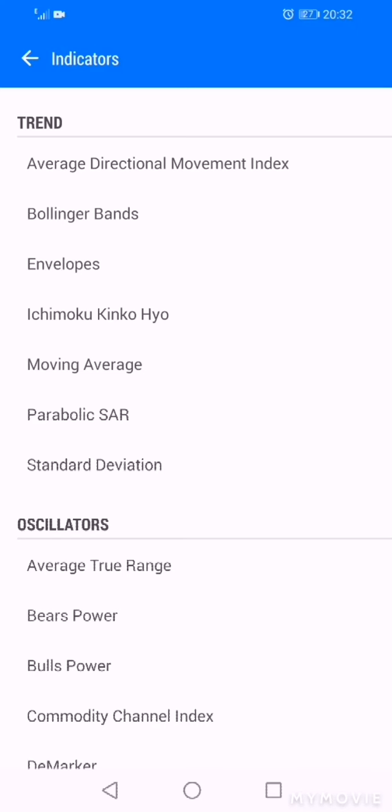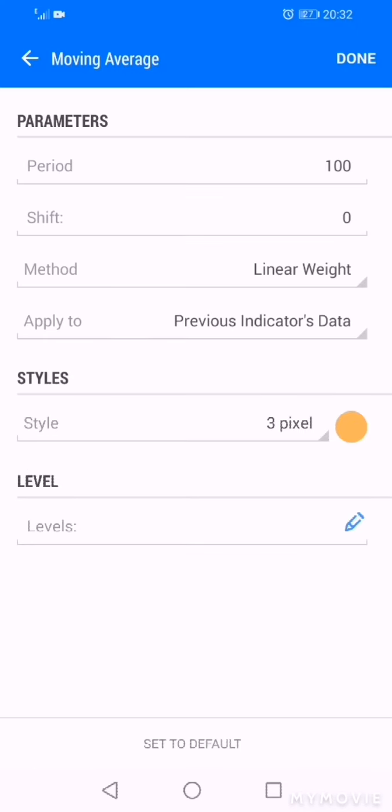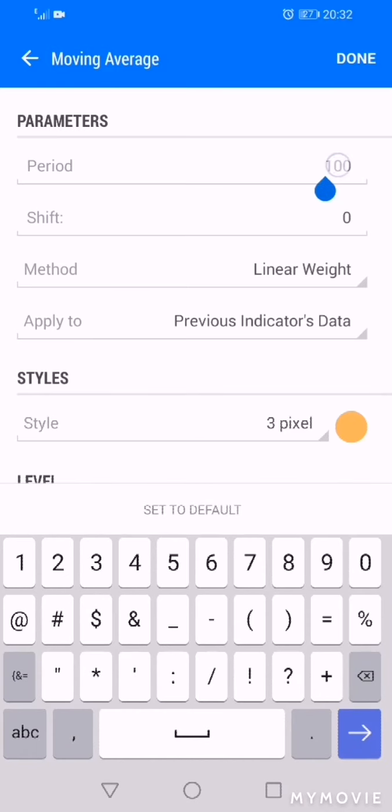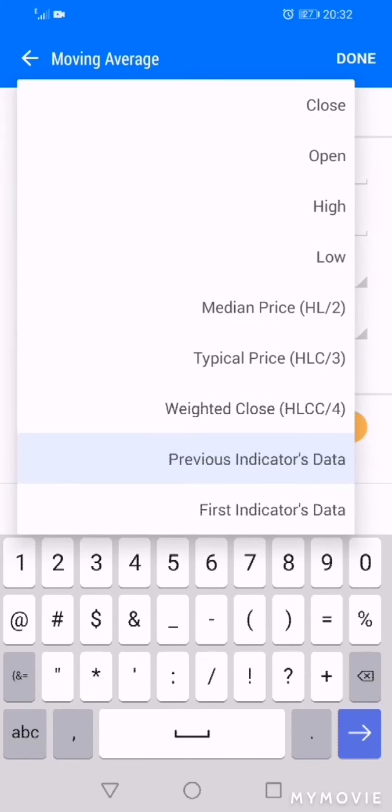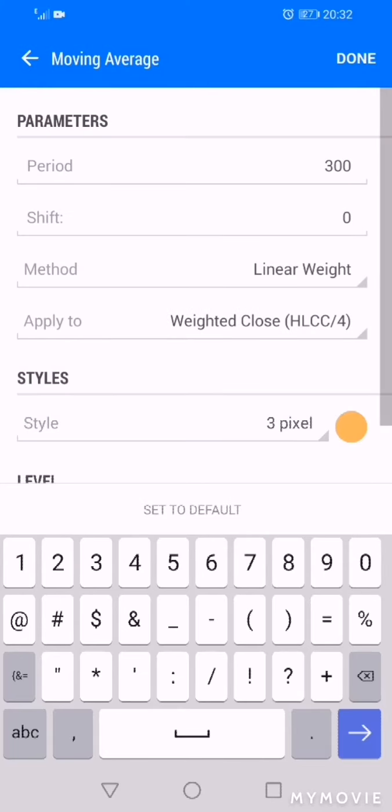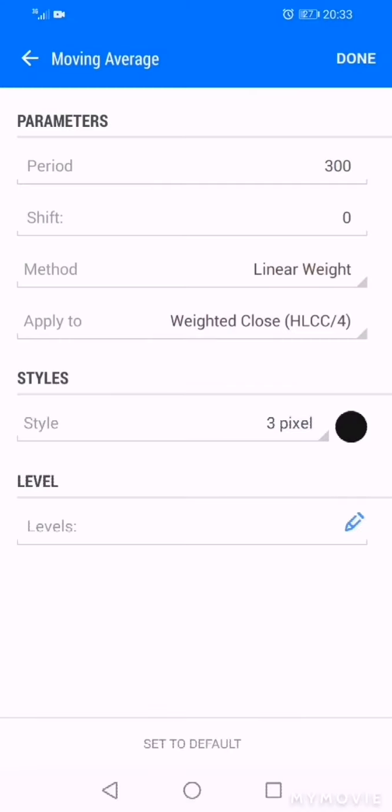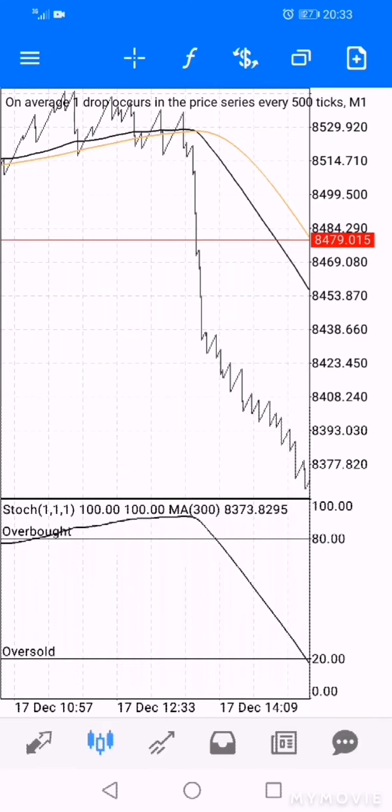We're gonna add the moving average. So you say moving average, period 300. You're gonna do the same as you did on the main chart: period 300, shift 0, linear weight, apply to weighted close, style 3 pixel, and then we choose black, and you say done.